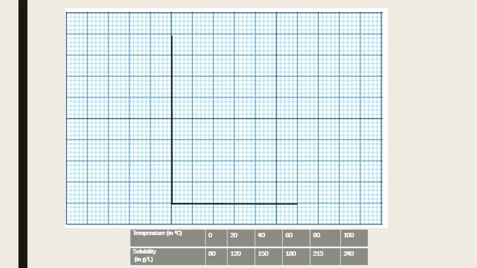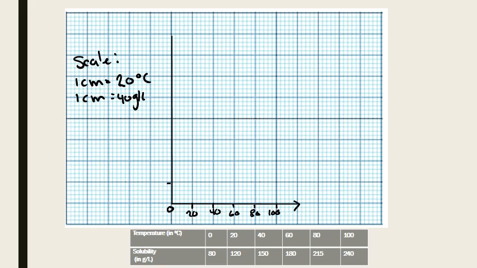Okay, so let's draw the graph. Just a reminder that the scale is 1 centimeter equals 20 degrees, and 1 centimeter equals 40 grams per liter. So for temperature, we go every 20: 0, 20, 40, 60, 80, 100.